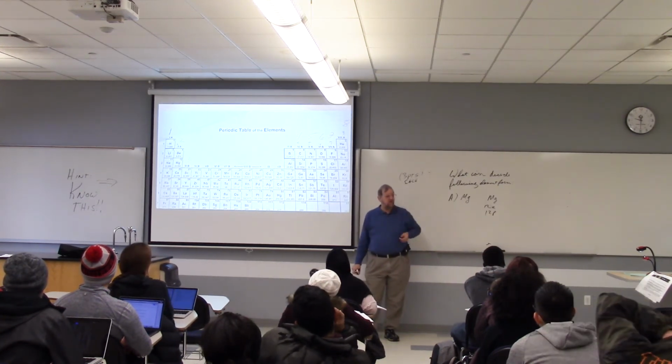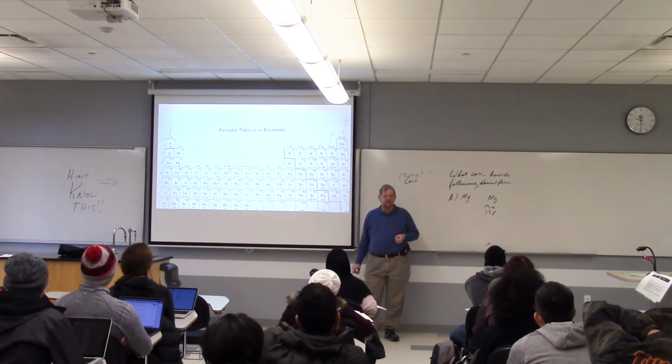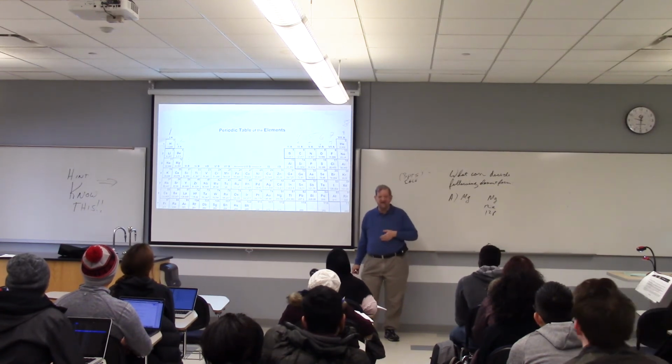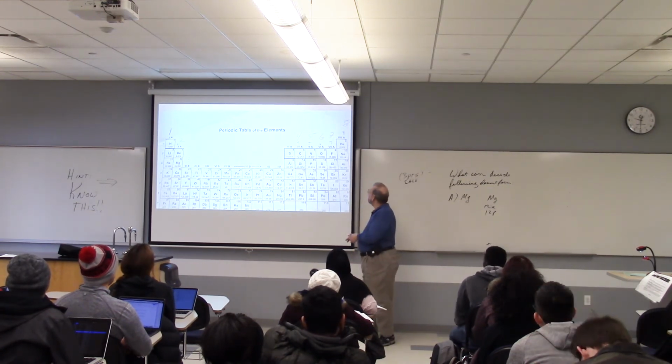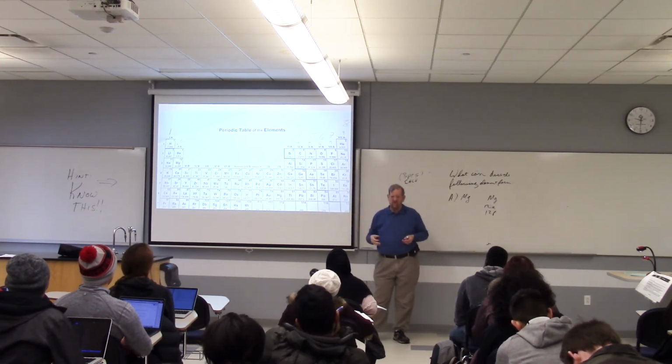Those are the two closest noble gases. Which one is closer numerically? Time's up. Hopefully you pick 10, because that's only 2 away, whereas argon at 18, 18 minus 12, is 6 away. So you look for the closest one numerically.